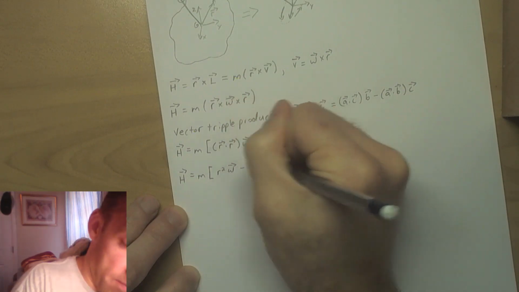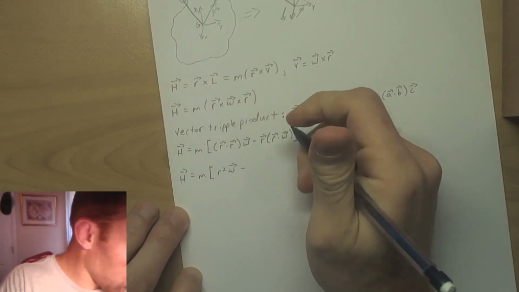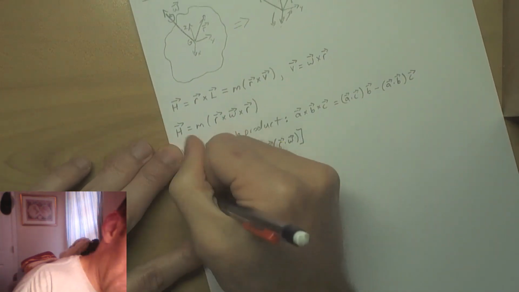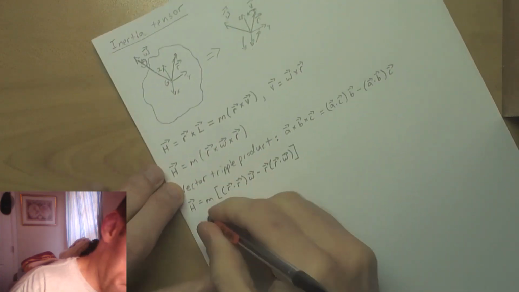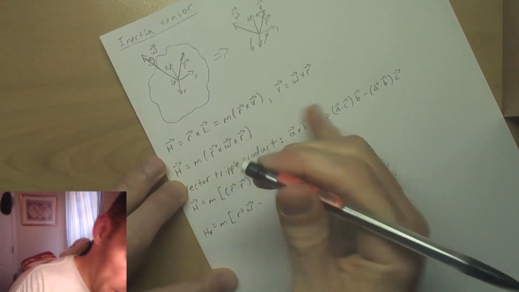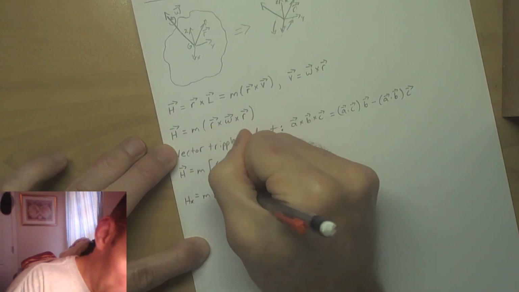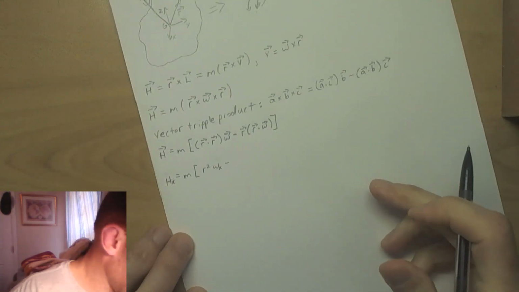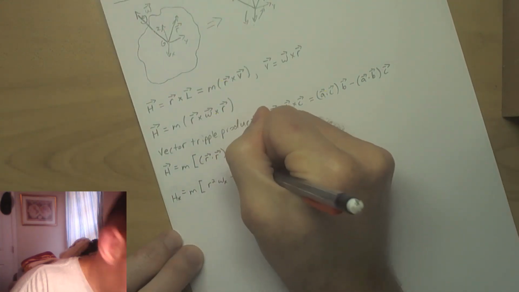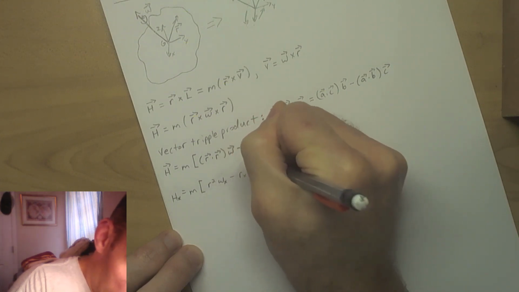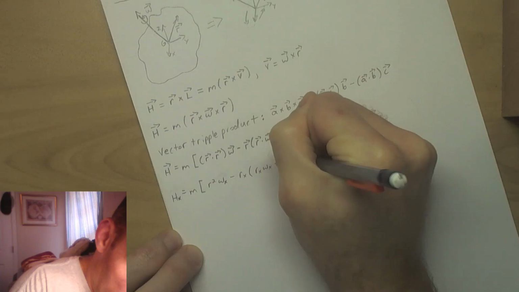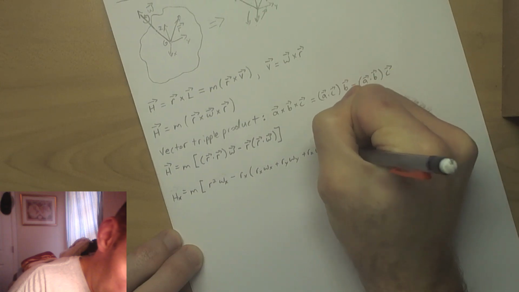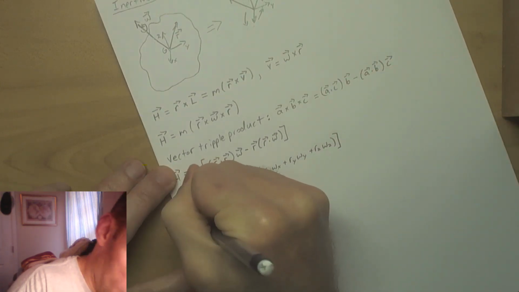And then, okay, here, let's expand this in terms of its components, and we can do that for x, y, and z.